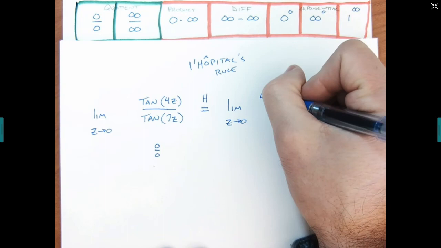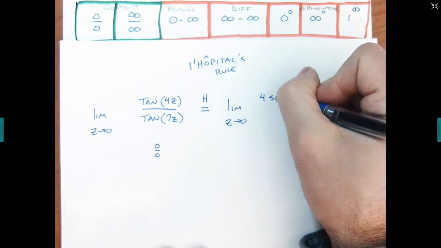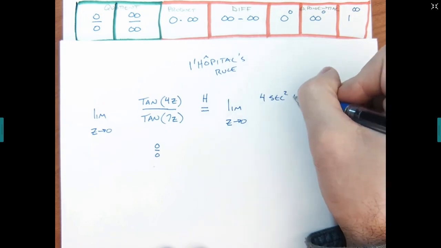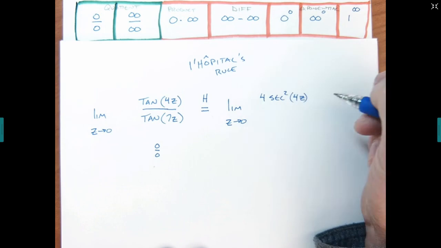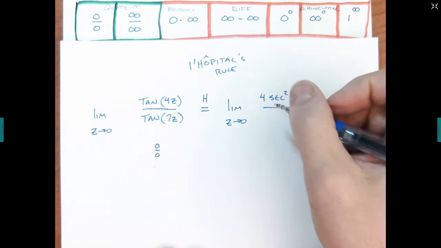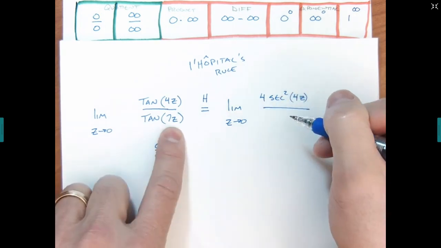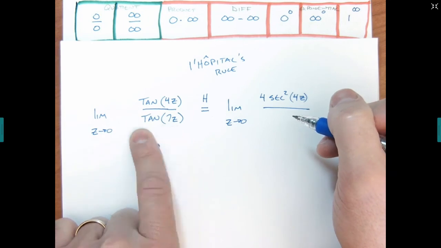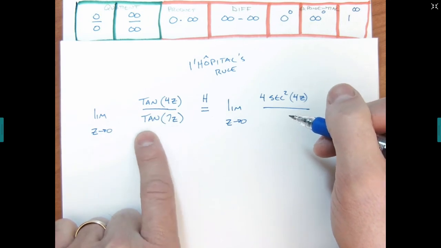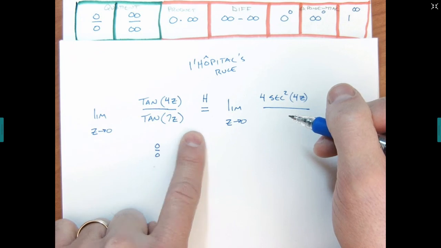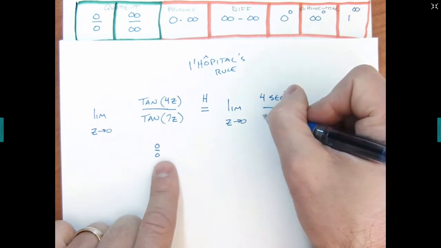So I'm going to write 4 secant squared 4z. And again, I'll put those parentheses around there. And here, the derivative of tangent of this garbage is secant squared of the garbage times the derivative of the garbage.